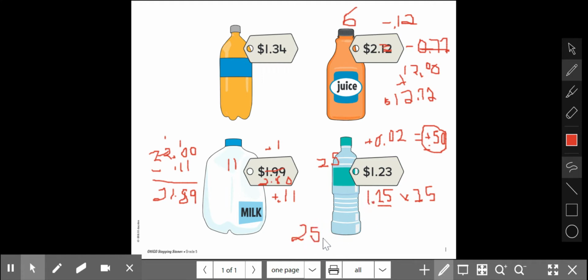I'm going to end up with some more whole dollars, but we'll start off. I know for sure I've got $25 if I take 25 times that 1. What am I going to add to that? Let's find out. 25 cents times 25. That's like saying 25 quarters.